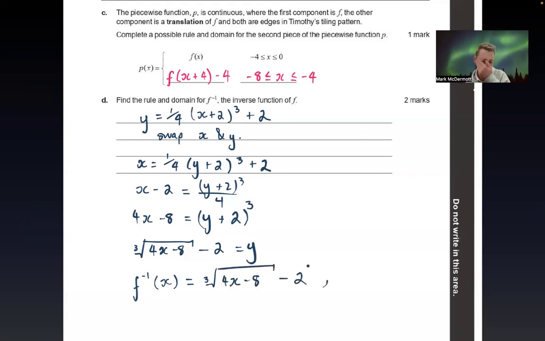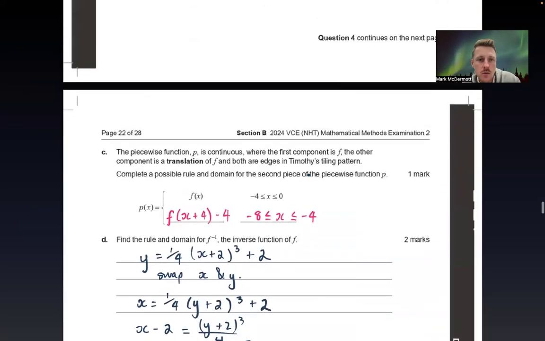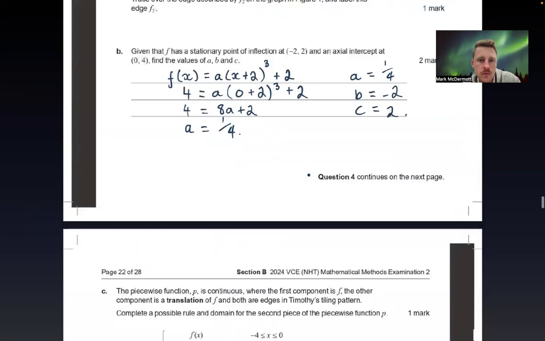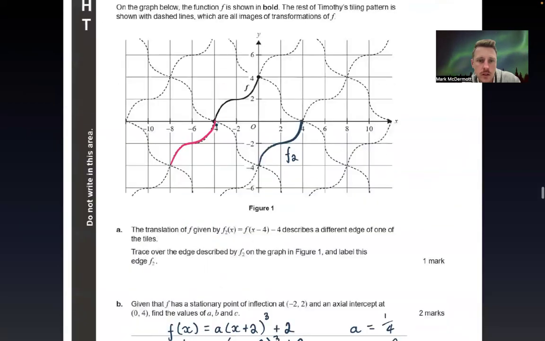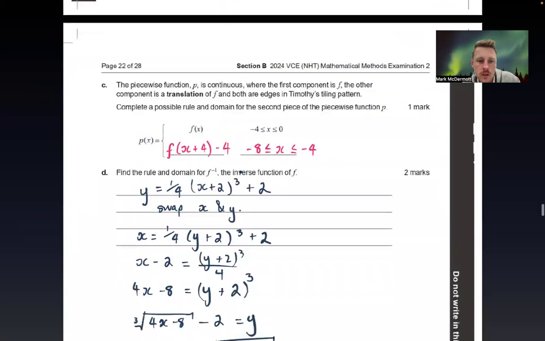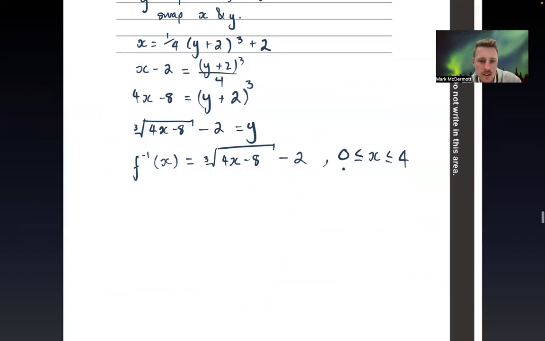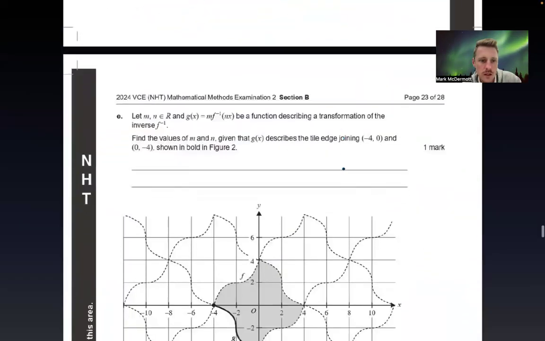Okay, what's the domain? Well, the domain of the inverse is the range of the original. Range of the original is 0 to 4. The domain of this is 0 to 4. I think that's okay. I think that looks all right.